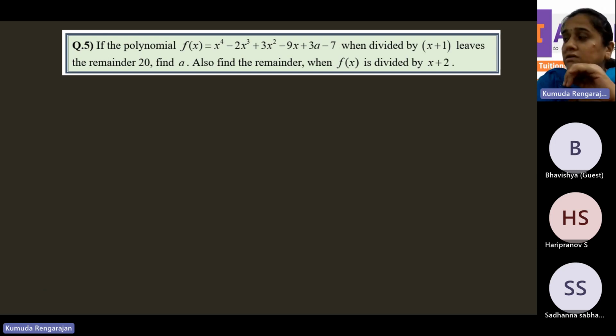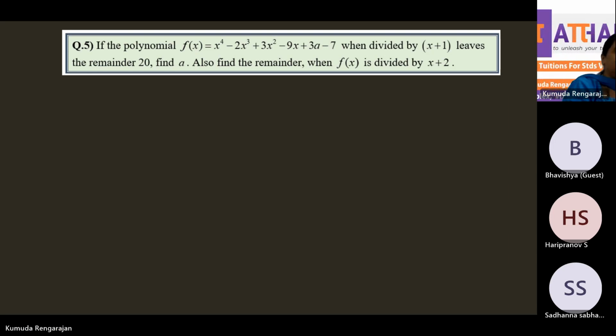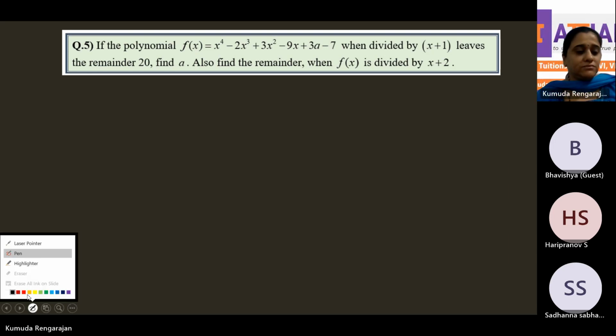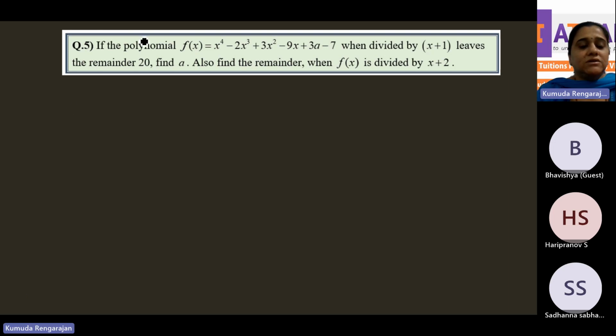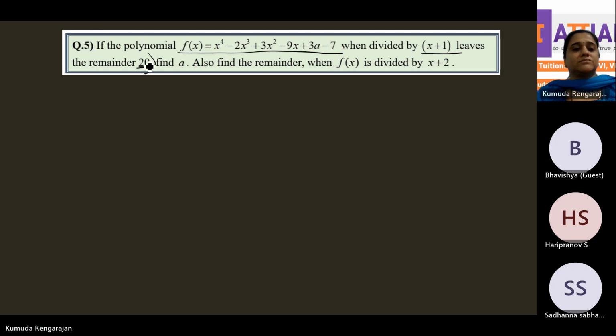If the polynomial f of x, when divided by x plus 1, leaves the remainder 20. Now, Pranav, frame the condition for me. This is the dividend.